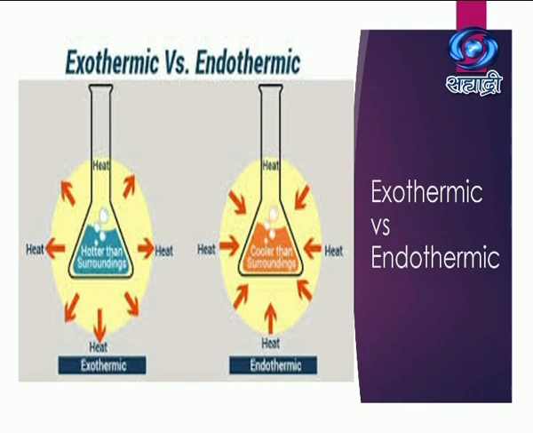On the other hand, in endothermic, you will find that the reactants are cooler than the surroundings and heat is getting absorbed to complete the reaction. So this is a comparative study of exothermic and endothermic reaction.